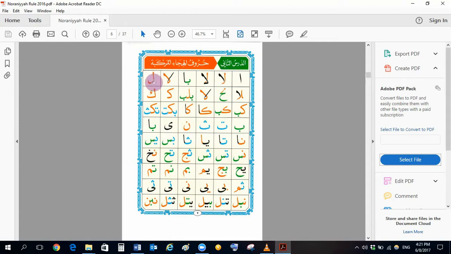Then say, okay, this is lam, and this is also lam, and this one is also lam, and this one as well. So he will take all these forms and he will connect it with the separate one, as this is a lam, but it is changing while connecting with different letters.